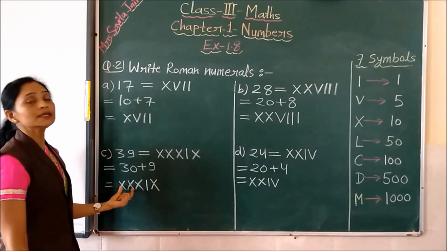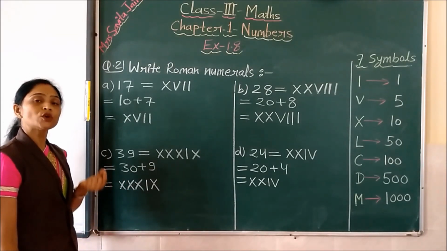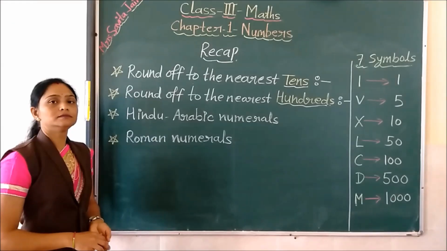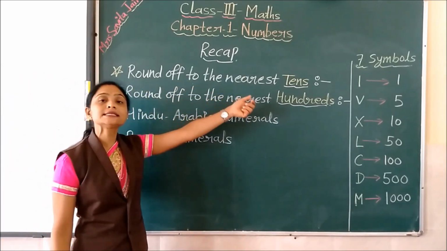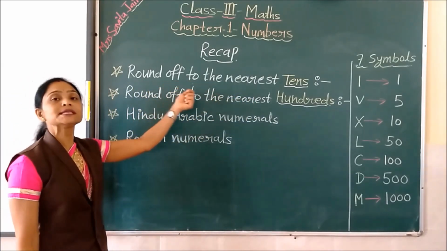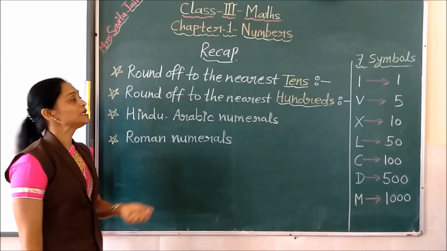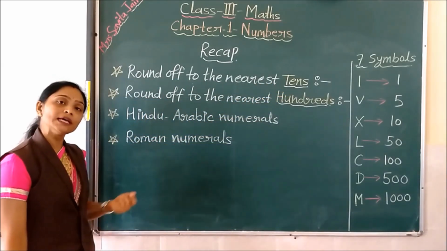So remember this everything children. Keep practicing. Now I am going to give a short recap of the topics which we have studied today. Children, first we have learned round off to the nearest tens. So for that what we have seen? The digit to the right of the tens place, means to round off to the nearest tens we have to see the digit of ones place.